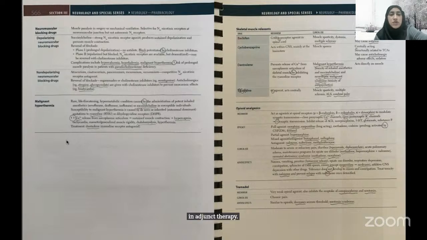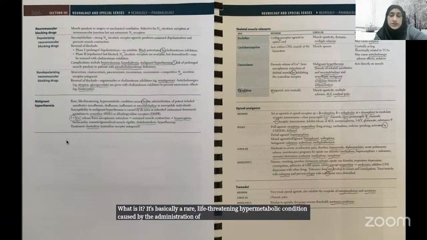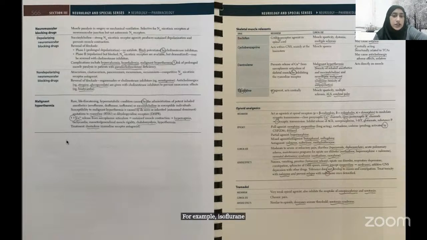So, we've already mentioned malignant hyperthermia almost twice. What is it? It's a rare, life-threatening hypermetabolic condition caused by the administration of potent inhaled anesthetics, for example isoflurane, or succinylcholine. Here, calcium release is increased from the sarcoplasmic reticulum.